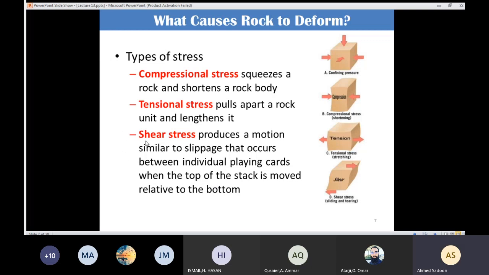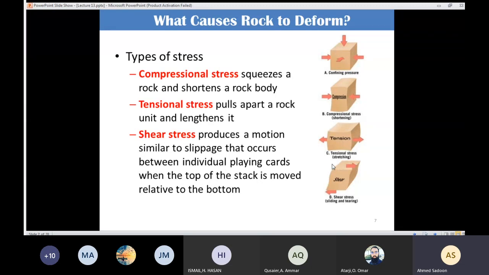The last one is shear stress. In this process, we are going to have a motion in the top part of the rock. For example, I'm going to fix this part and move that part because of the stress here.